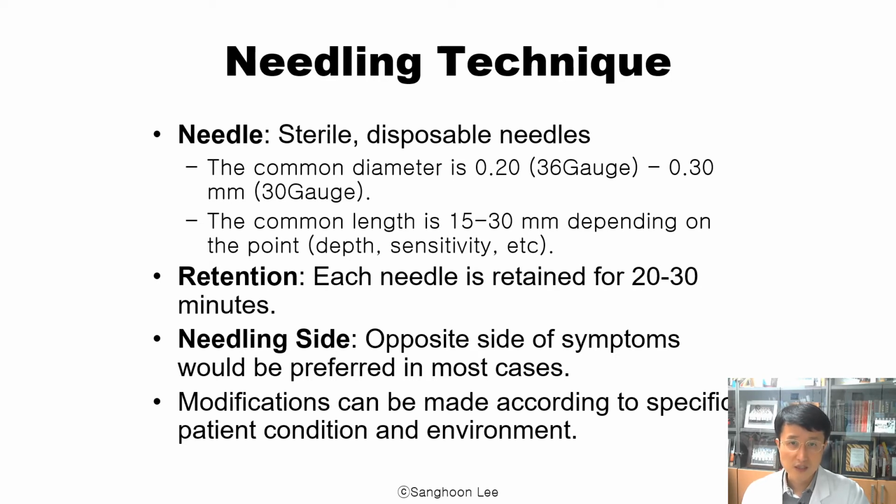The needle length may depend on the point, depth, sensitivity, etc. Each needle is retained for 20 to 30 minutes. The opposite side of symptoms should be preferred in most cases according to old classic principles. However, modifications can be made according to specific patient condition and environment.